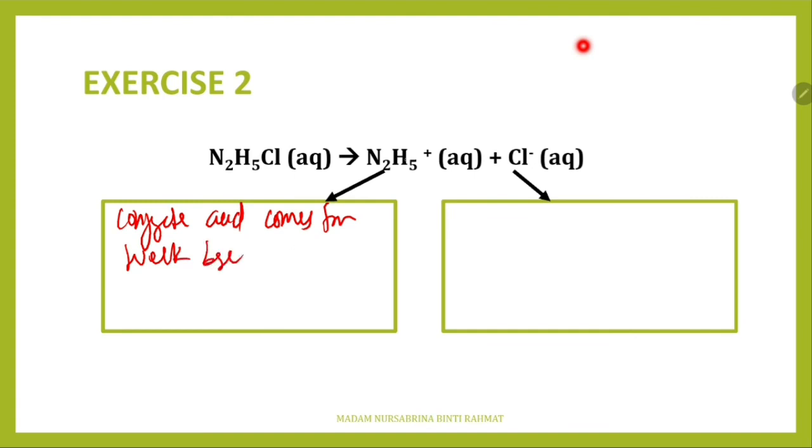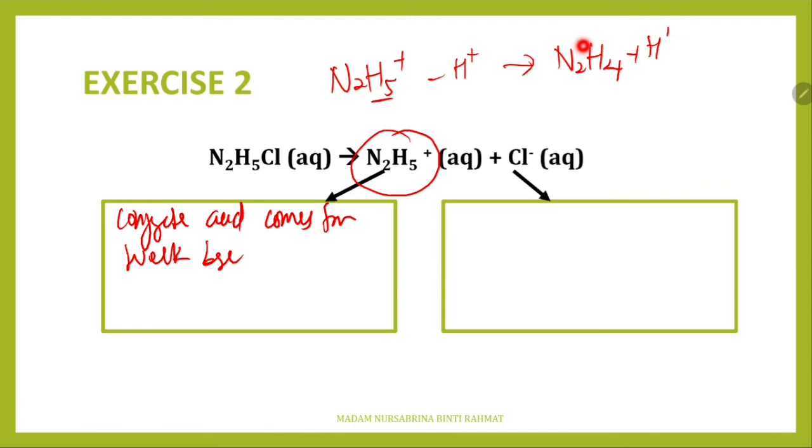So how do we know what the weak base is? N2H5 plus means it comes from a weak base which accepted 1 H plus. So we have N2H5, minus H plus, so it becomes N2H4 plus H plus. So this is the original weak base, N2H4, which is hydrazine.